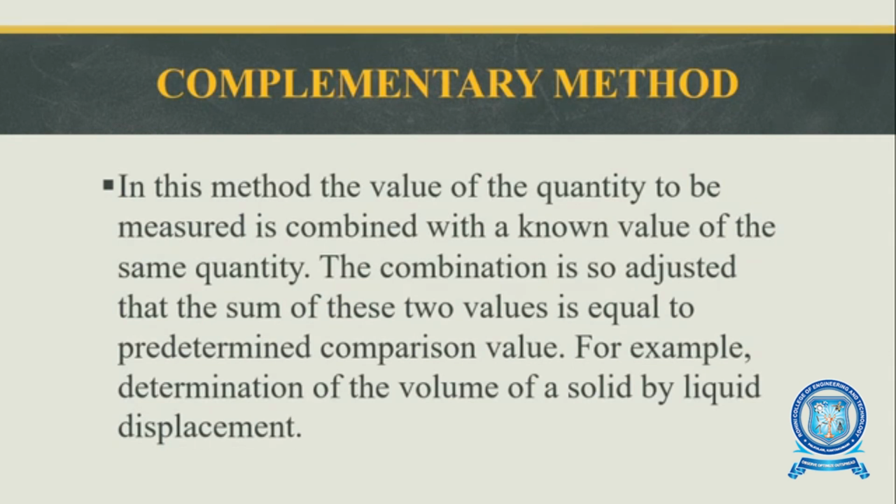The combination is so adjusted that the sum of the known value and the measured value is equal to the predetermined comparison value. For example, determination of the volume of a solid by liquid displacement.